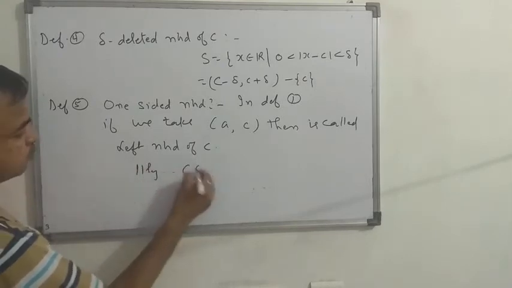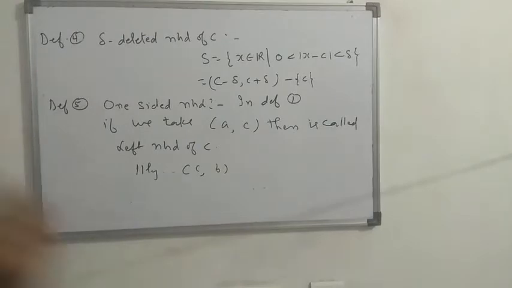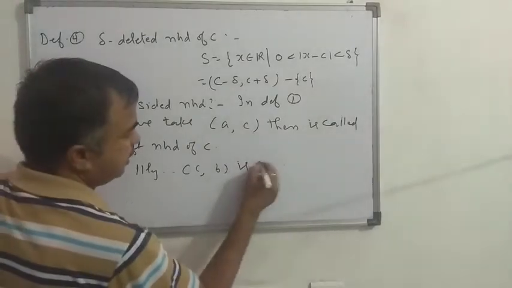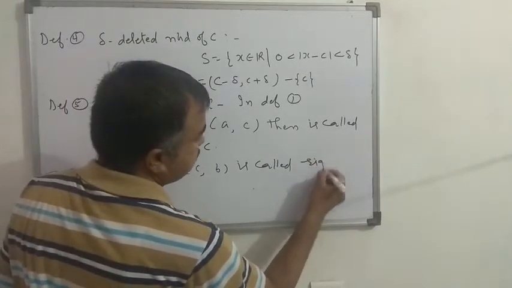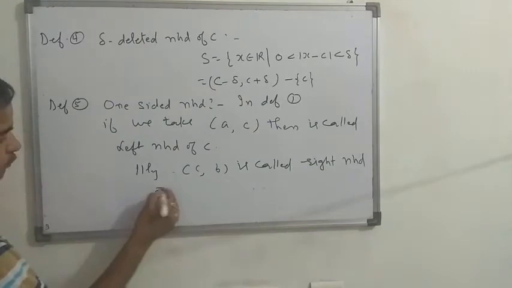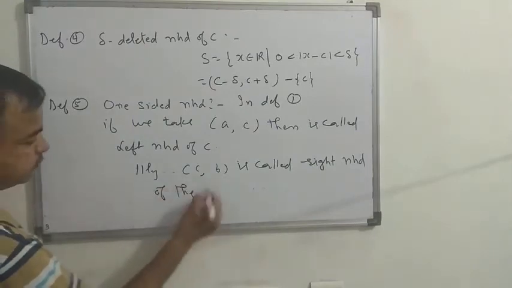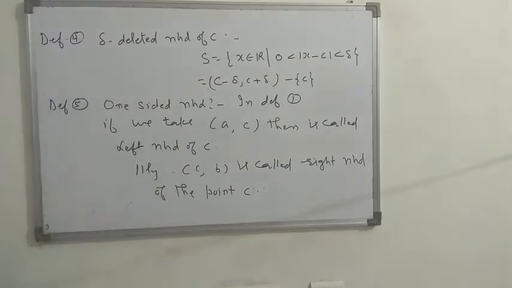Similarly, (c, b), that is, the points towards the right-hand side of c, is called the right neighborhood of the point c. So this is about the left-hand neighborhood as well as the right-hand neighborhood of the point c.